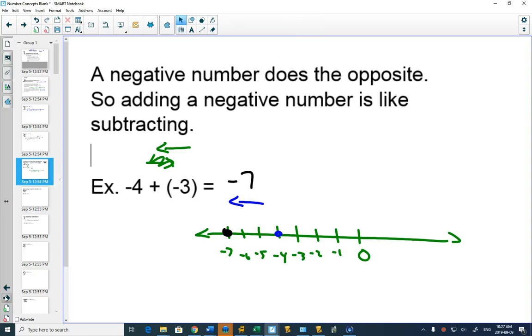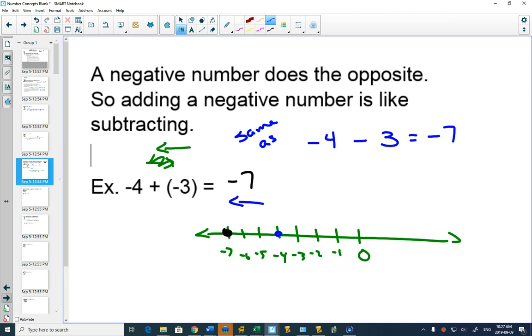So sometimes we can even write here, if adding a negative is the same as subtracting, this question, negative 4 plus negative 3, is the same as negative 4 minus 3. That would also equal negative 7.